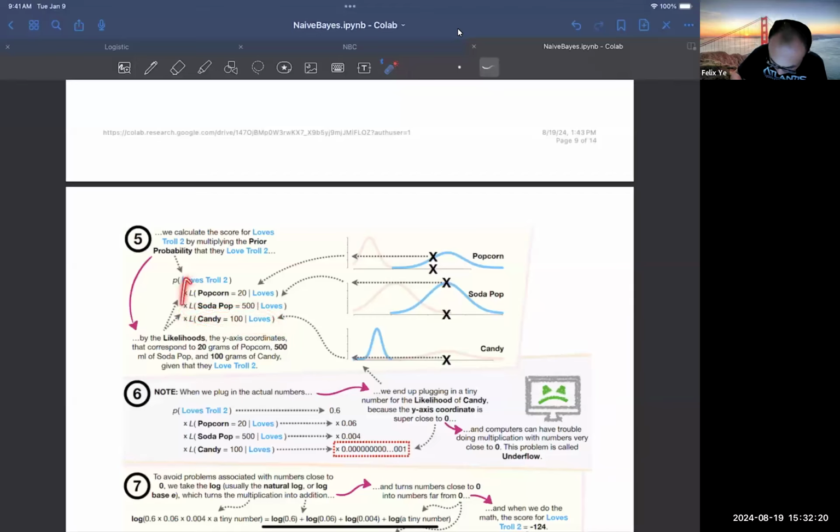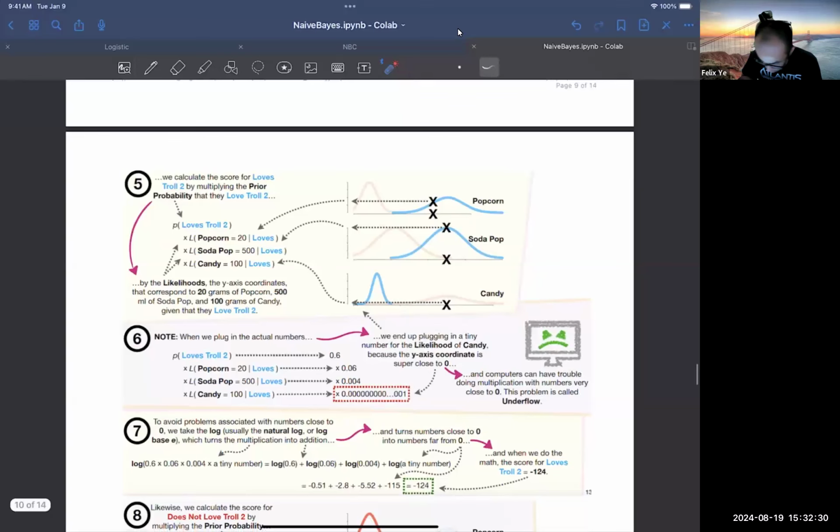So this is basically the likelihood, because for continuous variables we don't have the actual probability, we only have the probability densities. The issue is, if we multiply them together, particularly for the last one right here, if this is my Gaussian and this is my value right here, it ends up with super tiny numbers.